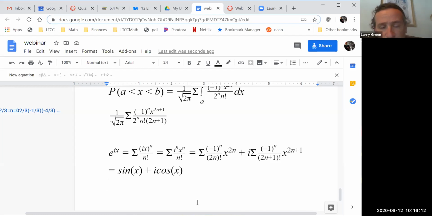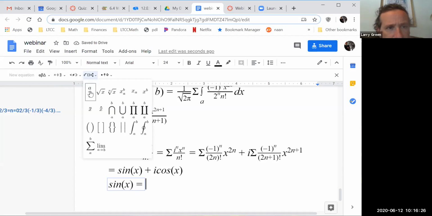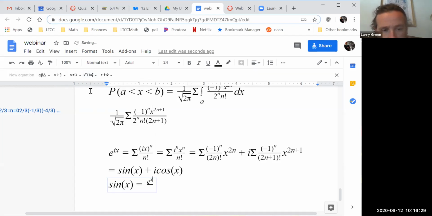Okay, and I'm not going to do the full proof because we're about out of time, but I got to do this. I can't resist. And that is sine of x is equal to e to the ix minus e to the negative ix, all over 2i.